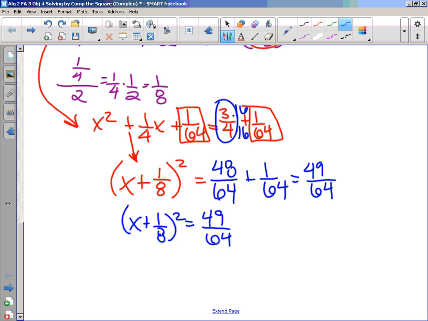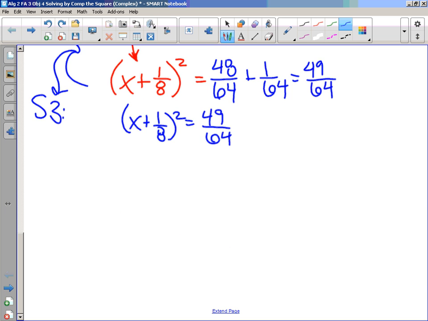Okay, so that's step 3, where I added that magic number to both sides. And I simplify, so all of this here, that's step 3. So then in step 4, I'm going to take the square root of both sides. And then remember that I have positive and negative. So on the left, it's x plus 1/8, because the square and square root cancel.